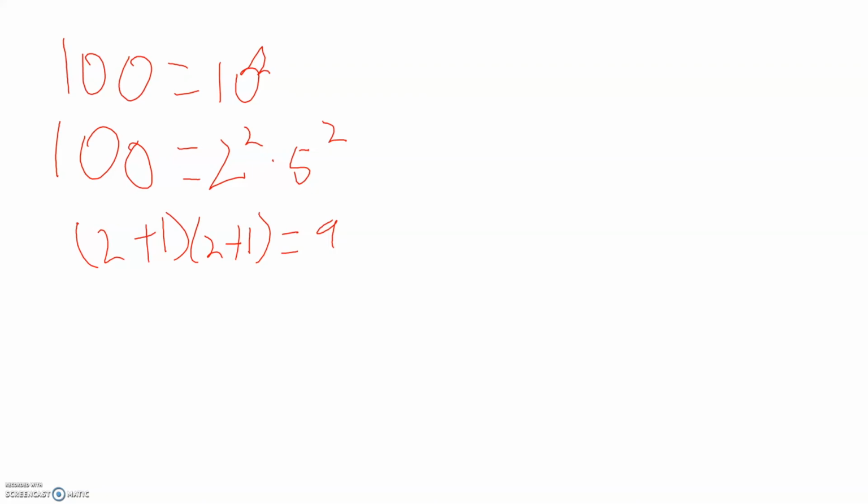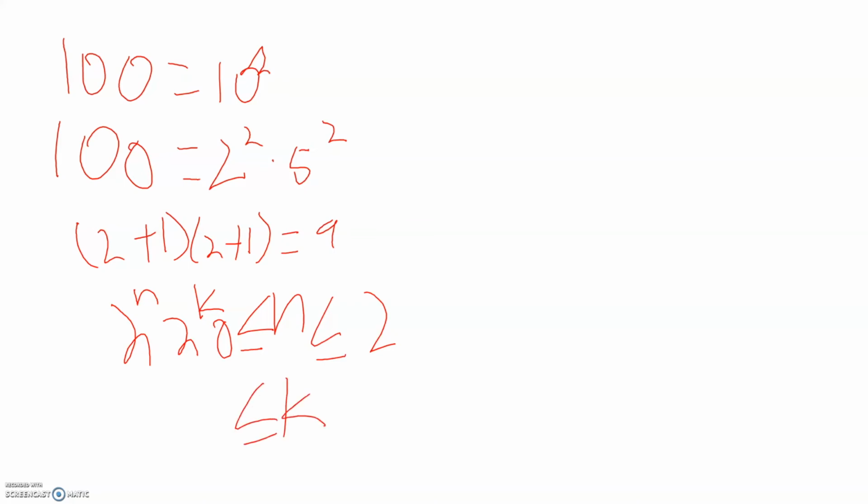Well, we can see that all factors of 100 can be written in the form of 2 to the n times 5 to the k, where n is between 0 and 2, and k is also between 0 and 2, and n and k are both integers.